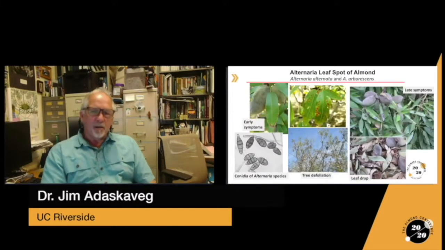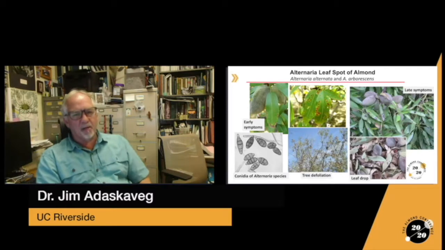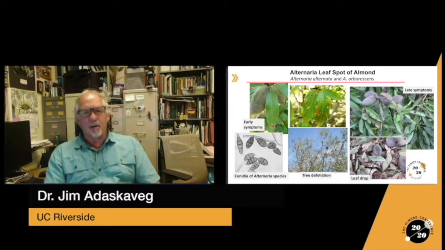So Alternaria leaf spot of almond is caused by the fungal pathogens Alternaria alternata and Alternaria arborescens. Now these two fungi are very closely related, and we just refer to them as Alternaria.